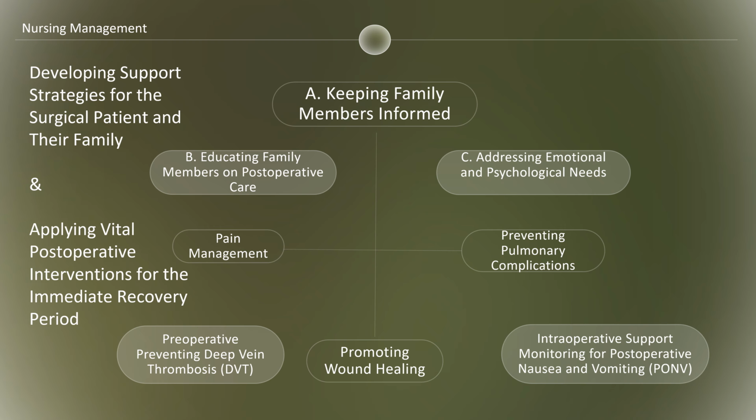So families often experience stress and anxiety, right, when a loved one undergoes surgery. So we, the nurses, play a crucial role in providing emotional and informational support. So keep family members informed, like provide frequent updates on the patient's condition, explain recovery expectations, like pain, diet, movement restrictions, right?